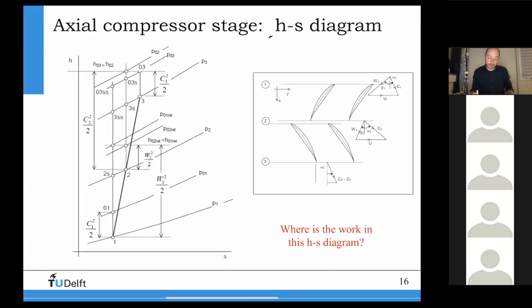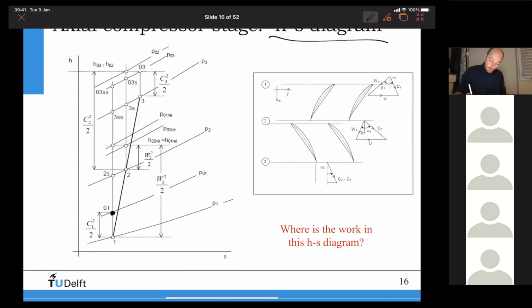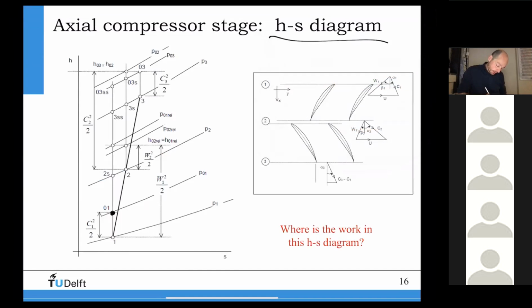Again, derive an HS diagram in very much detail, but for the compressor, it's a bit more complicated because you need to start with the rothalpy. Again, you see here the total condition at the inlet. Of course, the total pressure at the inlet is lower, right? It's this one here. This is the inlet, 1.